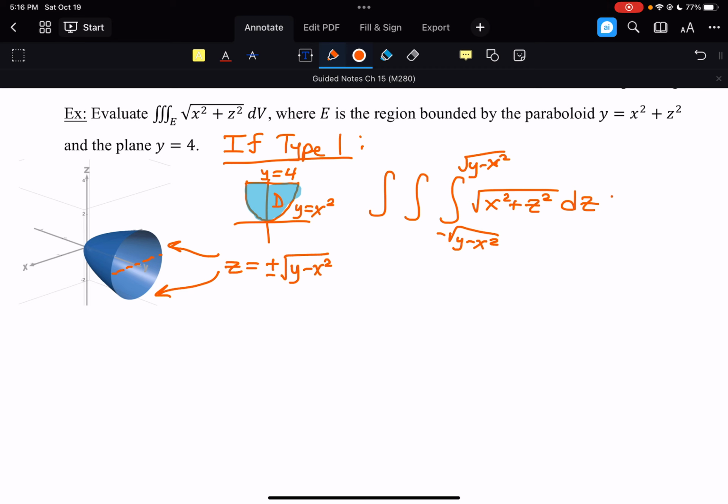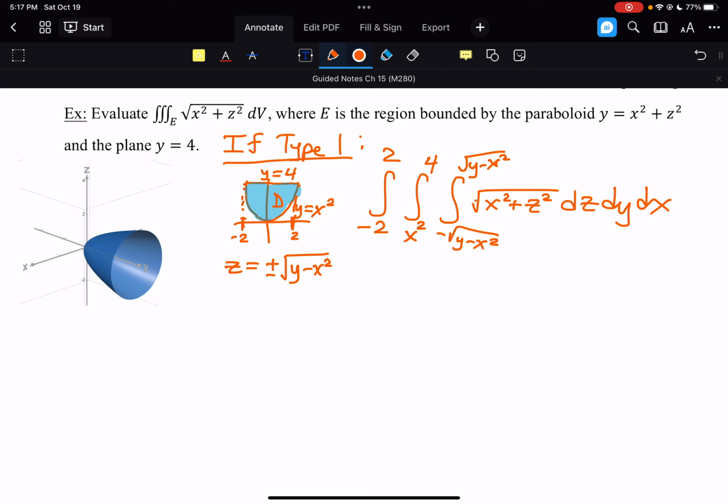So we would go dy dx with y going from x squared to 4 and x going from negative 2 to 2. And that would be the setup in this case.